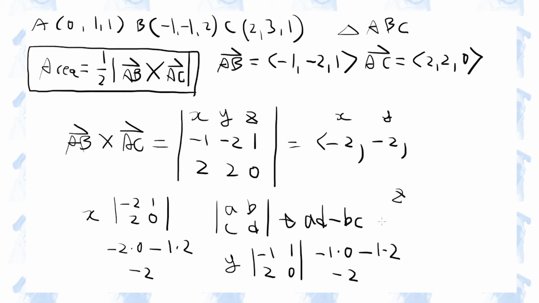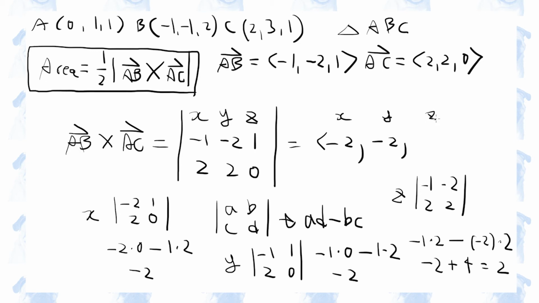To find the z component, we focus on the x column and the y column. -1 times 2 minus -2 times 2. -2 plus 4, which is 2. So the z component is 2.